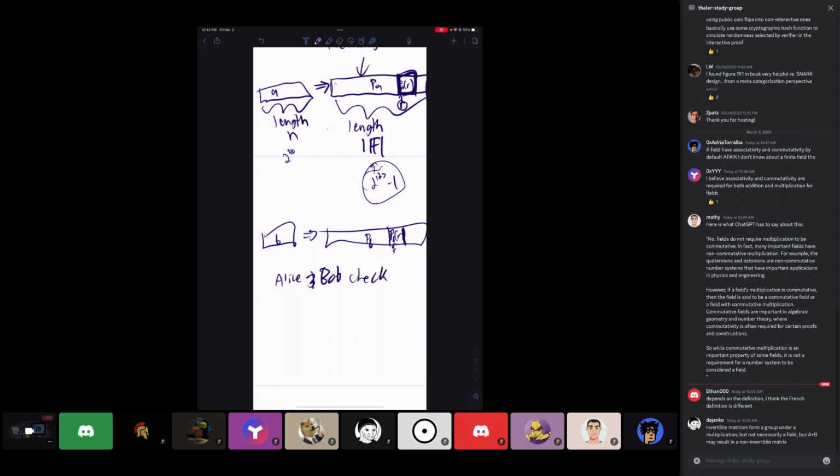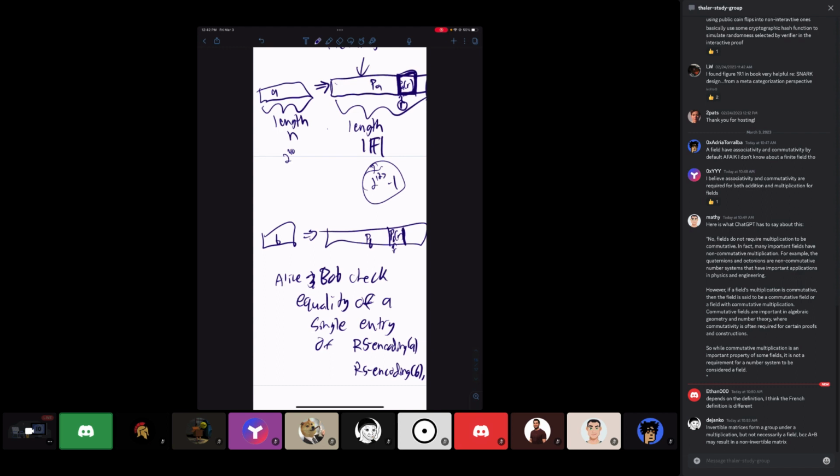Okay, so another way of saying this is that Alice and Bob check equality of a single randomly chosen entry of the Reed-Solomon encodings of their vectors, so let me just say, Reed-Solomon encoding of A and Reed-Solomon encoding of B. Okay.